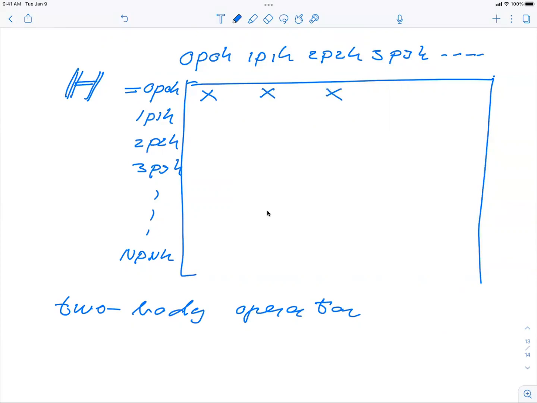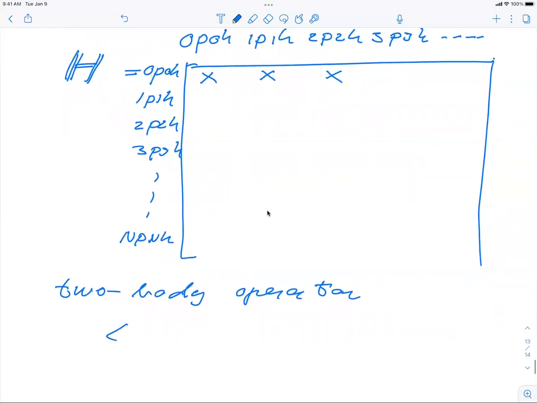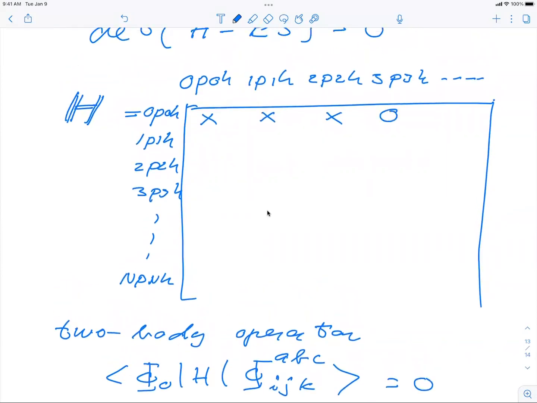But here we have more than two single particle states which differ from the 0 particle 0 hole state. So if you look at that element, we would have the overlap between this state of H and a state which now has 3 different single particle states. And we know that that is 0. This goes back to one of the exercises we had in the beginning of the semester. So it means that all these elements here have to be 0.